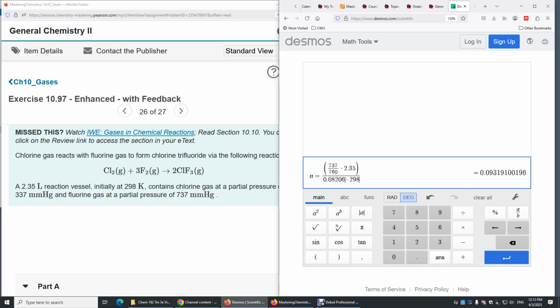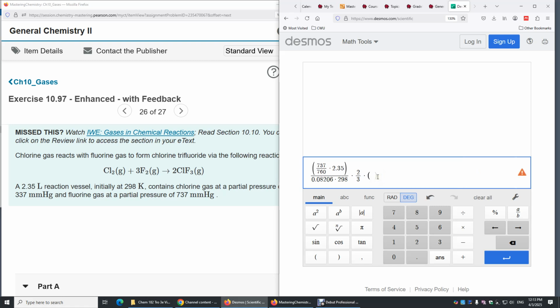Now we have the number of moles of fluorine gas, 0.093. But because 3 moles of F2 make only 2 moles of the product, we need to multiply this by 2/3. Now this n is the number of moles of the product.